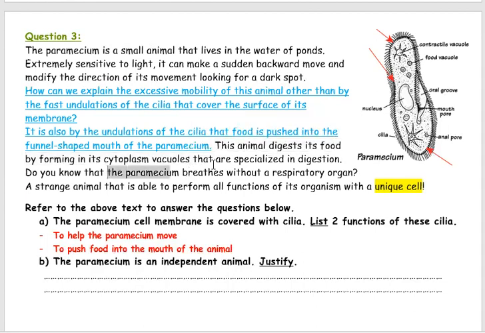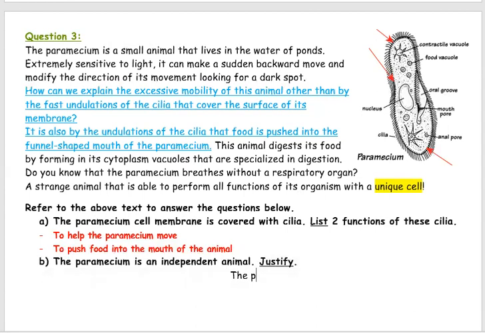It breathes without a respiratory system. So, as you can see, the conclusion is said in the last sentence: this animal is able to perform all functions. It can move, it can breathe, it can eat, only with one unique cell.